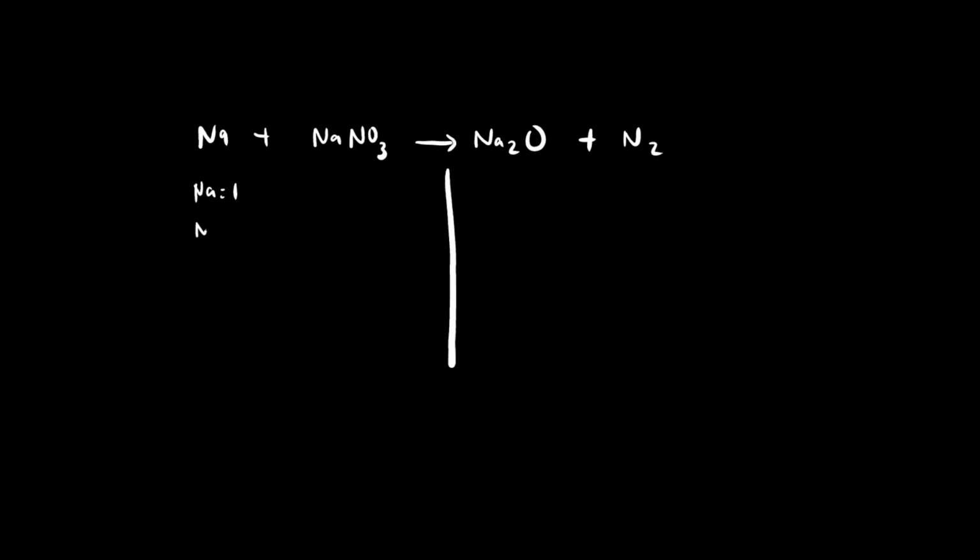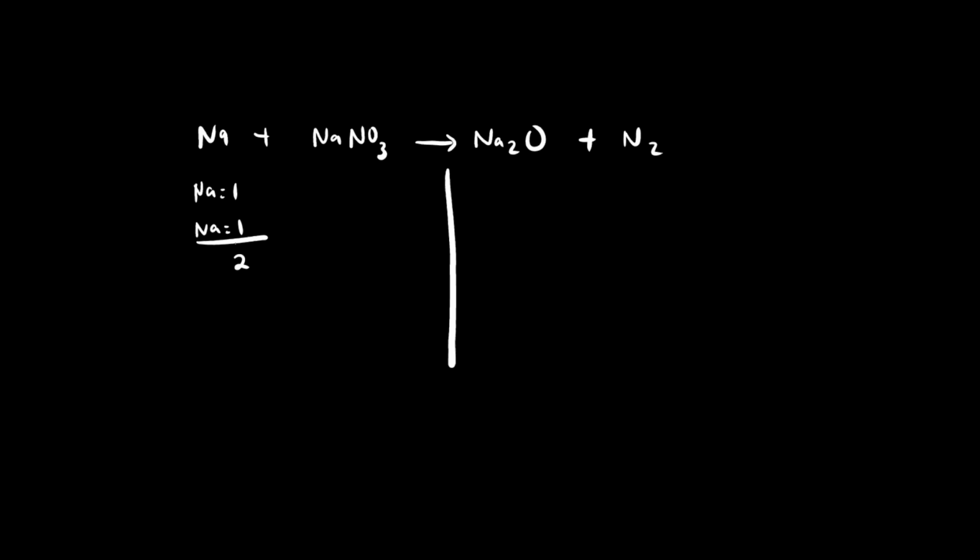Sodium reacts with sodium nitrate to produce sodium oxide and nitrogen gas. On the left, we have a total of 2 sodium, 1 sodium by itself, and then another one as part of sodium nitrate, so a total of 2.